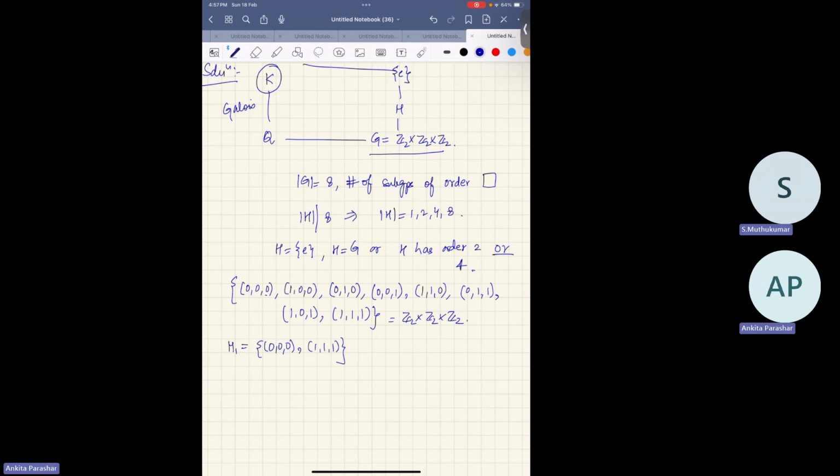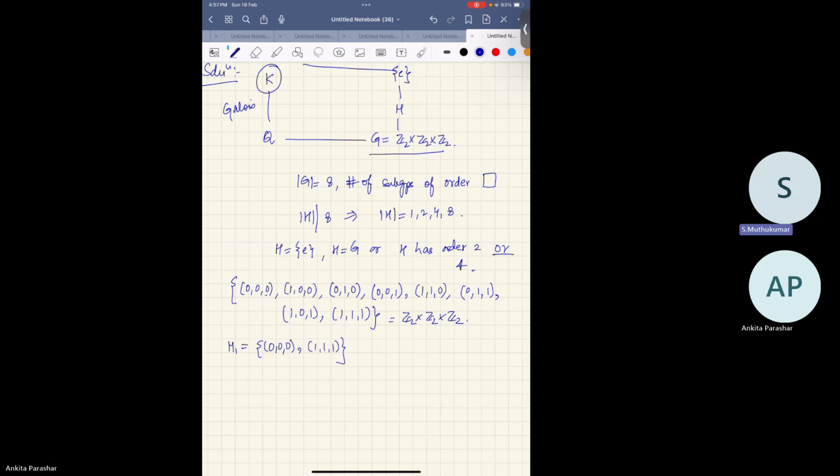I'm saying look at the order of every non-identity element. As in the previous case, this is 1, 2, 3, 4, 5, 6, 7.